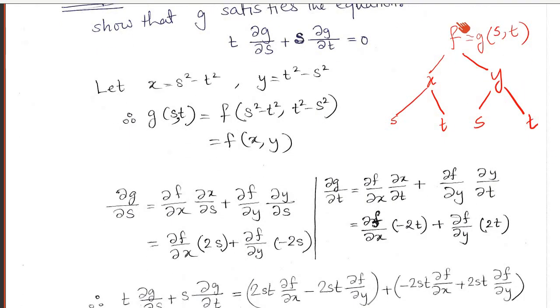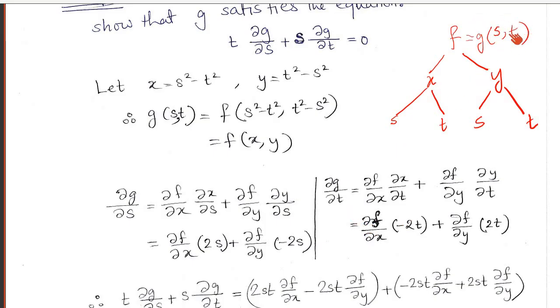So derivation of f with respect to x, derivation of x with respect to s, derivation of f with respect to y, derivation of y with respect to s. That completes the derivation of g with respect to s, because g of s, t is equal to f.